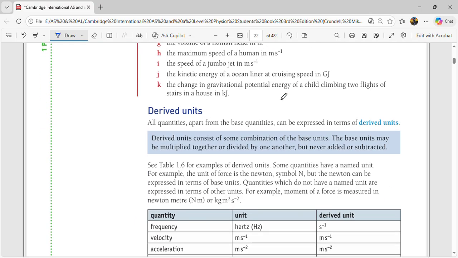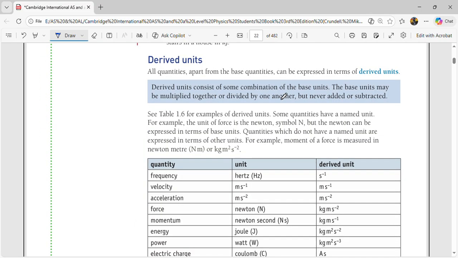So like I told you, this is another classification, derived units. Derived units consist of base quantities, that is derived quantities.